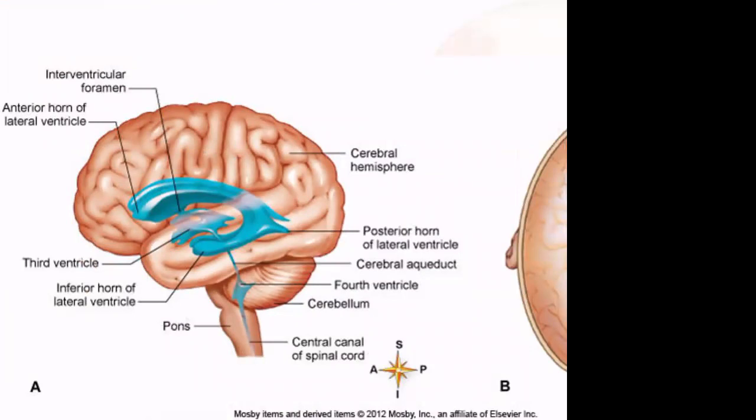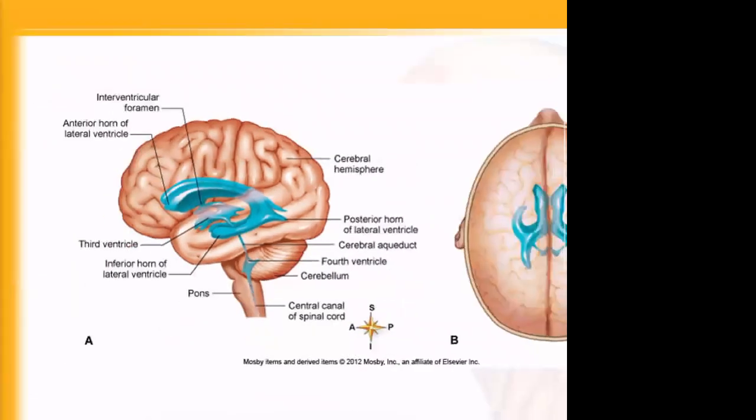And is there a way to drain that fluid out of those children's heads? Yes, they would have to put in a shunt, but there are two reasons why it would happen. Either they are overproducing cerebrospinal fluid, or there's a blockage somewhere that's not allowing the cerebrospinal fluid to drain properly.